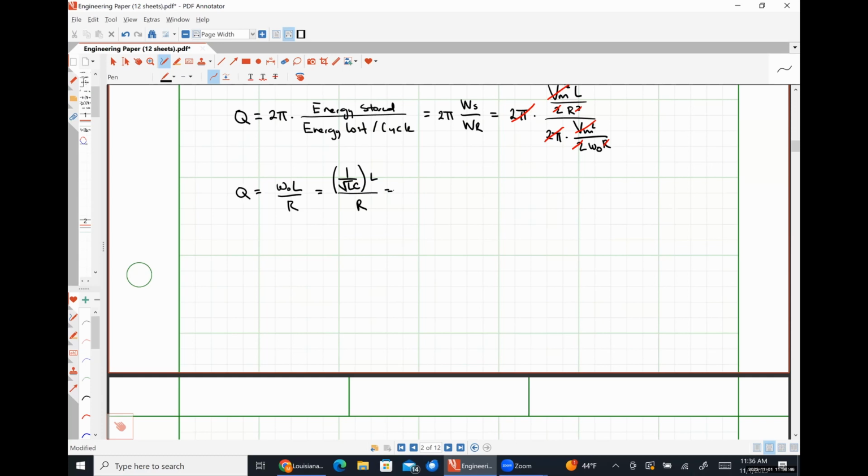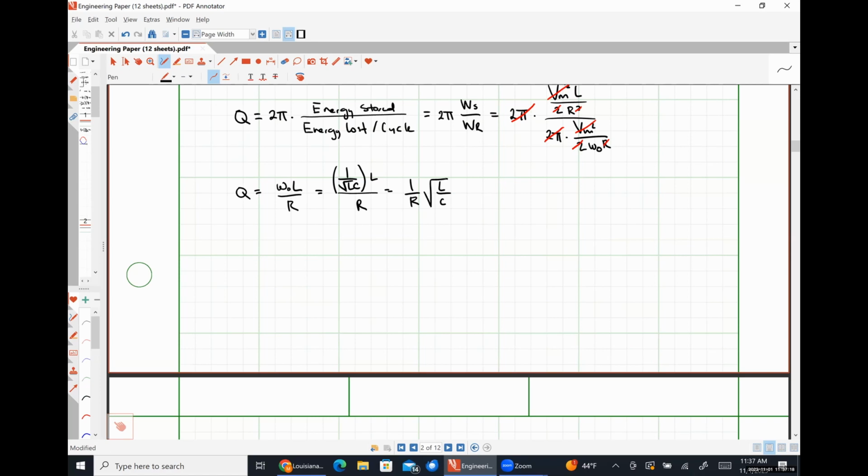So what is L divided by the square root of LC? Square root of L over square root of C, right? So this can be written as 1 over R times the square root of L over the square root of C. So now we're able to express our quality factor in terms of our component values if we don't happen to know what our resonant frequency is.